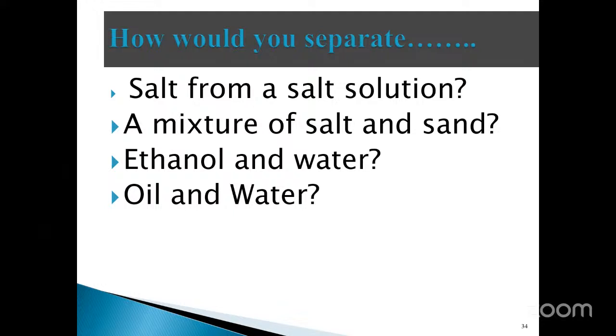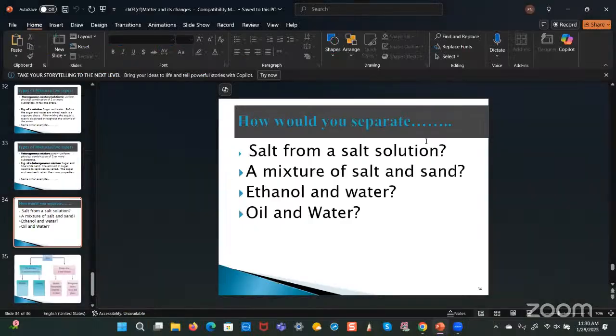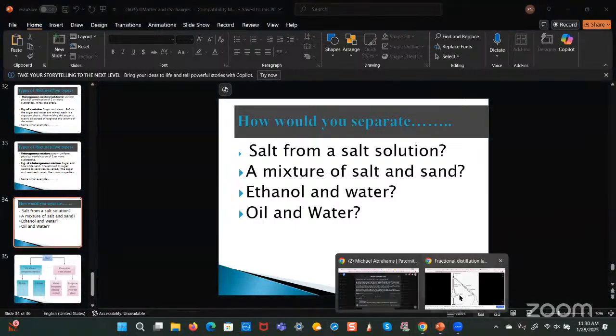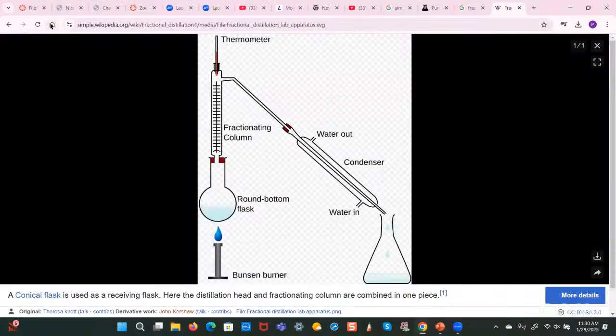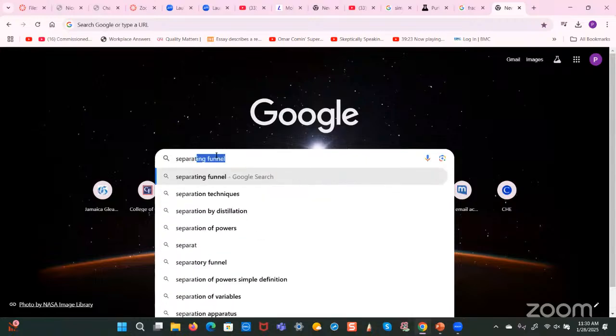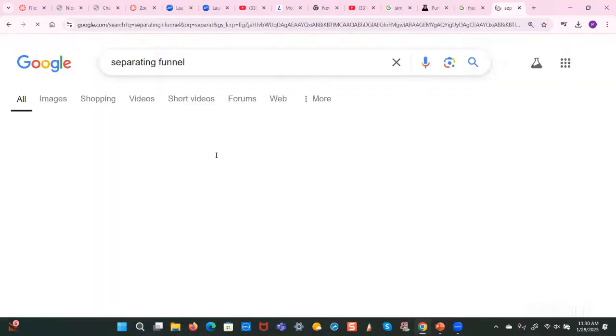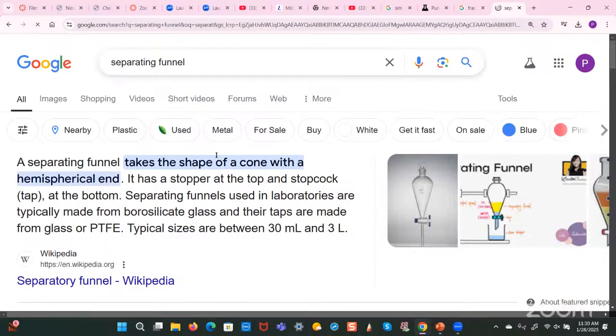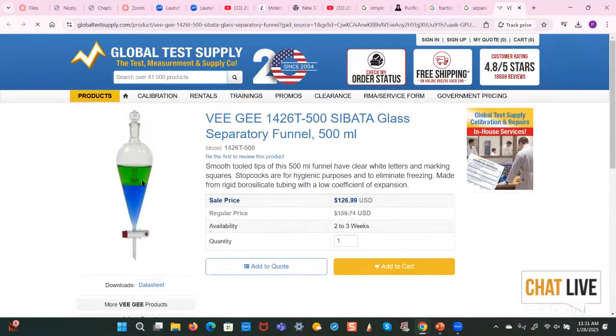But okay. To answer this question, there is a piece of glassware, let me see if I can find it again online, known as a separatory funnel. Okay, so this is what it looks like, right?